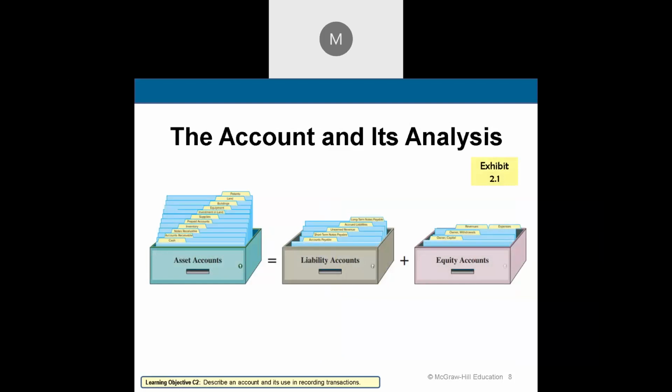And you told me cash, accounts receivable, notes receivable, inventory, prepaid accounts, supplies, land, equipment, buildings, patents, etc. Those are things that the company owns, called assets. Liabilities are the things that the company owes. Accounts payable, short-term notes payable, unearned revenue, accrued liabilities, those are all the other payables, and long-term notes payable.